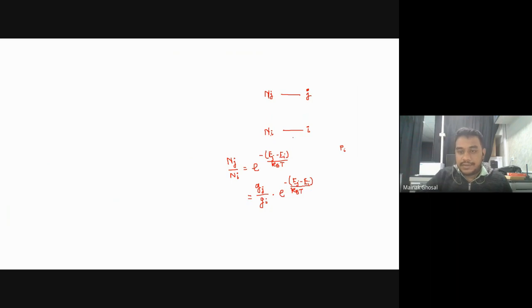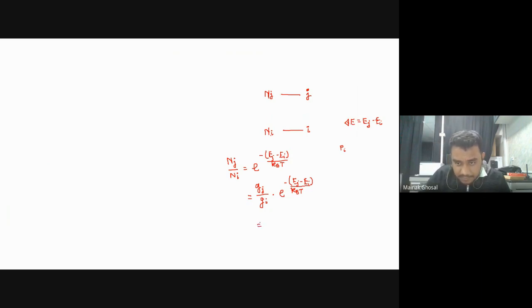Now, you have seen previously, when we discussed the energy difference between two states, that it was expressed in terms of delta E. Delta E is defined as the energy of the excited state minus the energy of the ground state. This is called the ground state and this is called the excited state. So delta E is the energy difference between the excited state and the ground state. Now I can easily replace this.